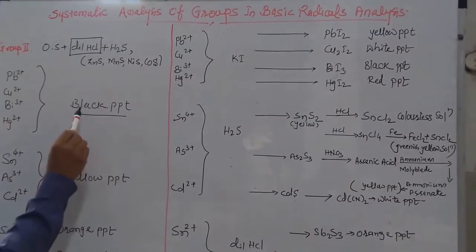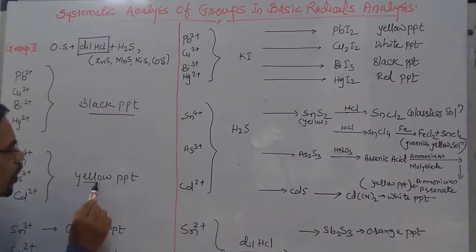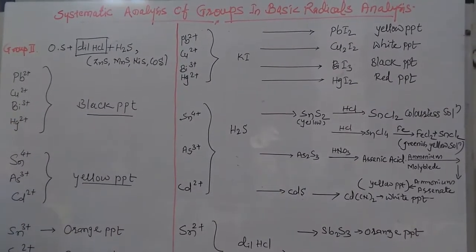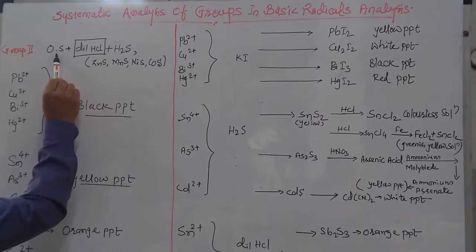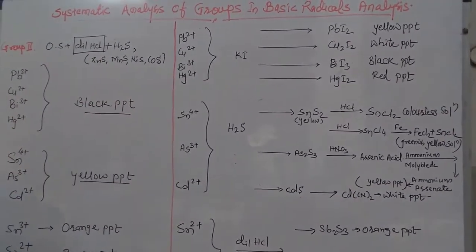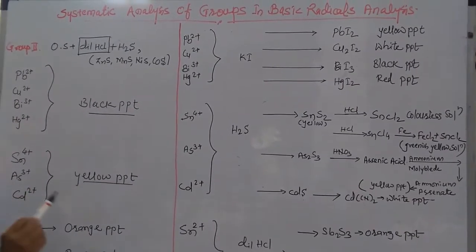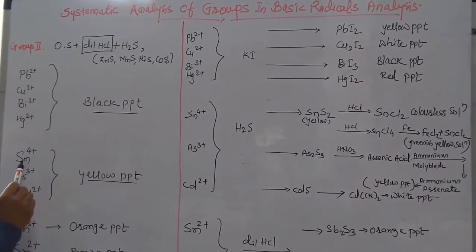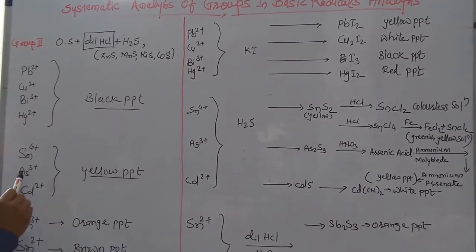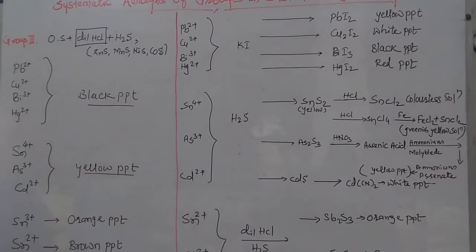Then if instead of black precipitate there is a formation of yellow precipitate by addition of original solution, dilute HCl and H2S, that indicates the presence of Sn4+, As3+, Cd2+ radicals.